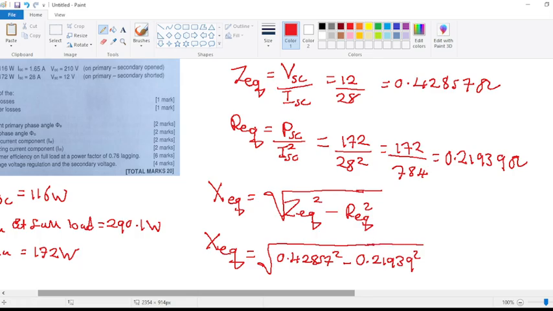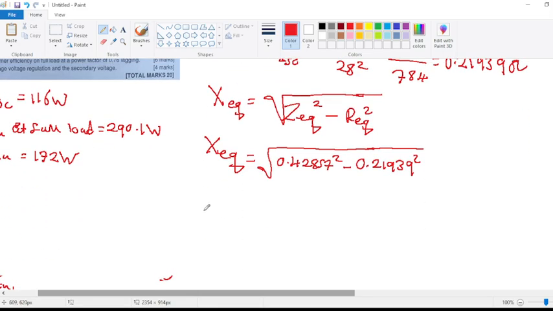If you punch it on the calculator, you find the equivalent reactance is the square root of 0.13554.